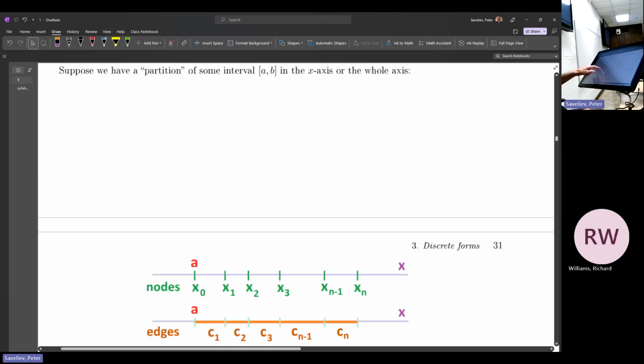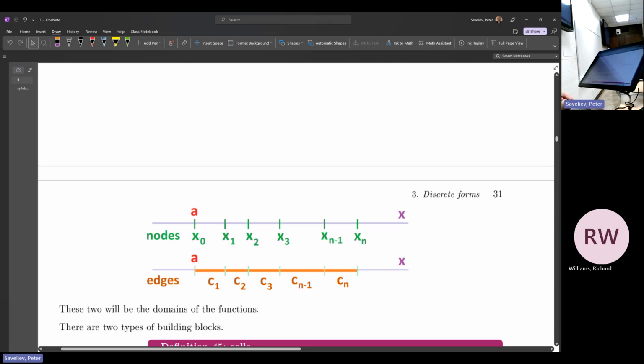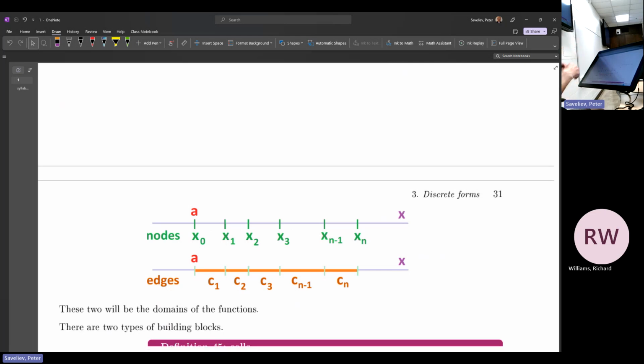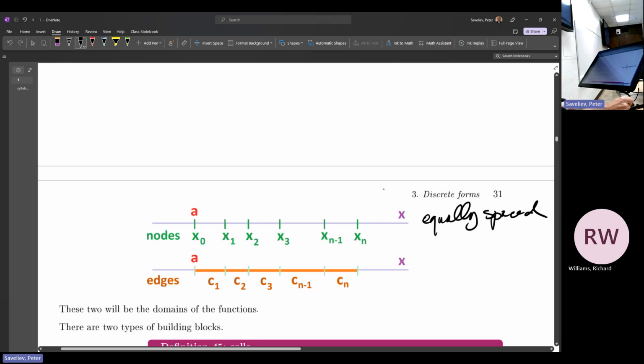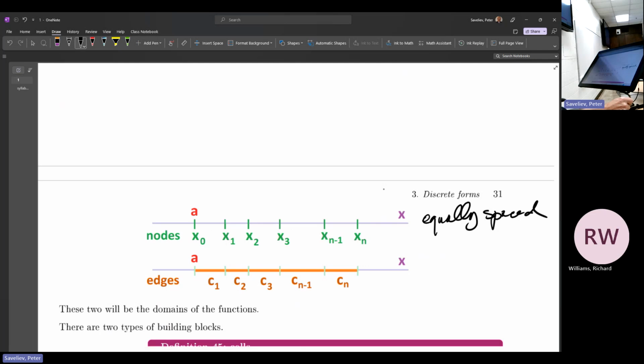Okay, so let's provide the setup again, the setup for where these two quantities live. We have the nodes. We have an interval, maybe infinite. It has nodes, possibly equally spaced. Just about every time in this course, we choose these nodes equally spaced, and so that's where one function can be defined, a zero form.